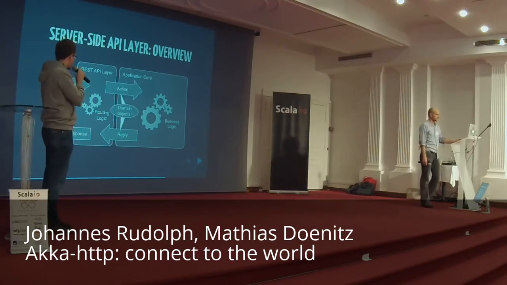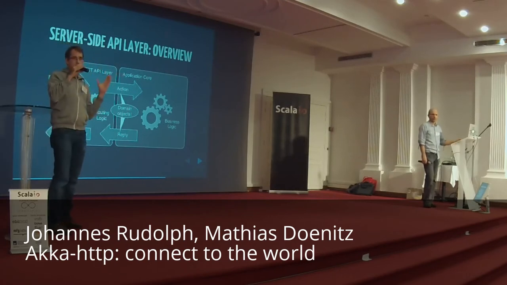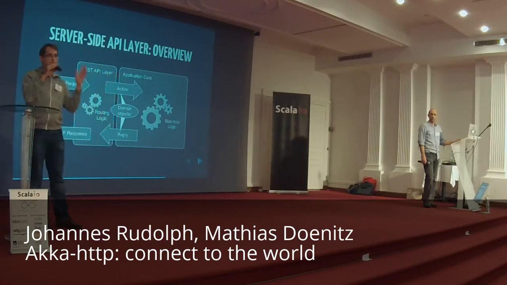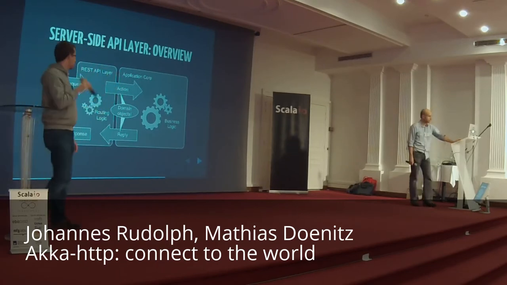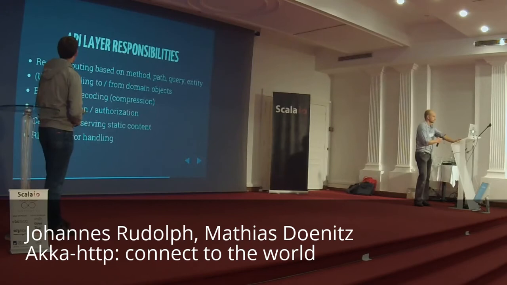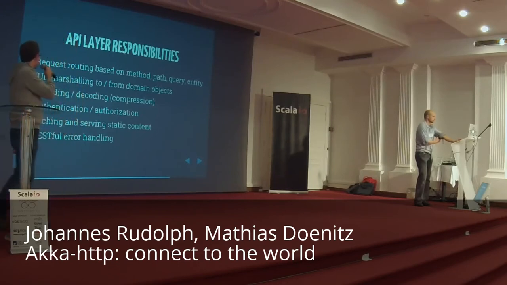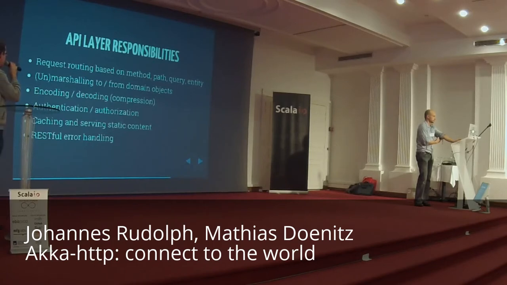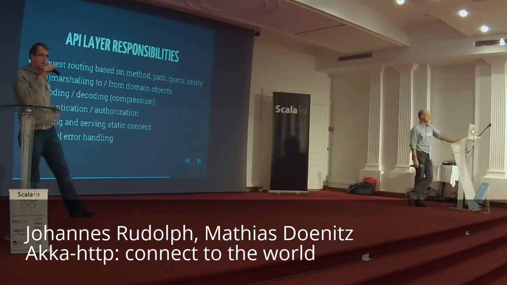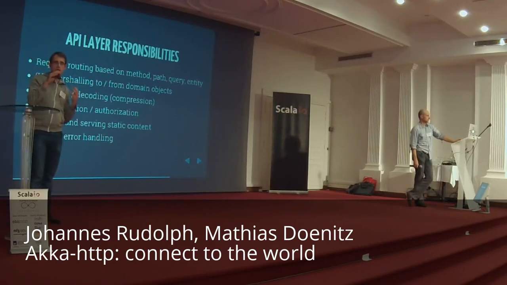So as I said, the point is that you completely separate the point where you make the translation between the HTTP stuff and your domain objects. The routing DSL allows you to match based on different things in your HTTP request.